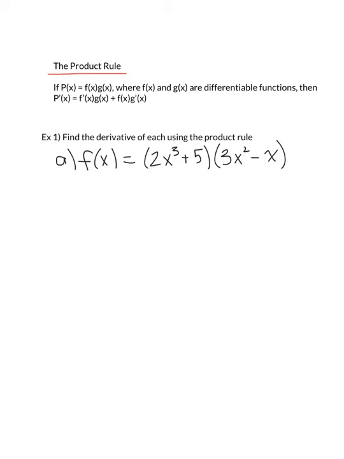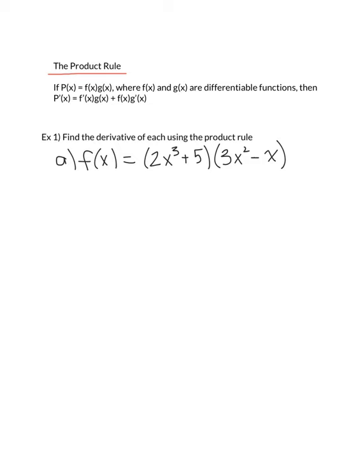Now, I know that we have done questions like this in the past, and we could very well just expand this out and use the power rules that we talked about. But if something were to be to a power of 4 or anything like that, things kind of do look a little bit messy. And so we are going to derive this using the product rule.